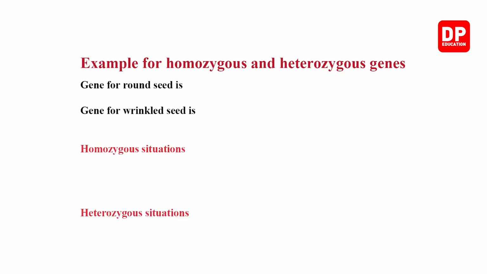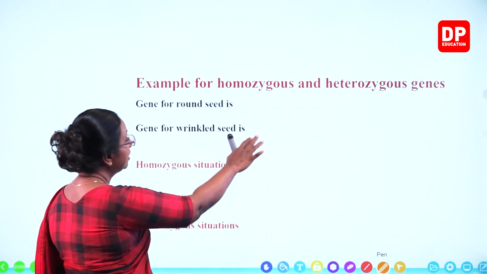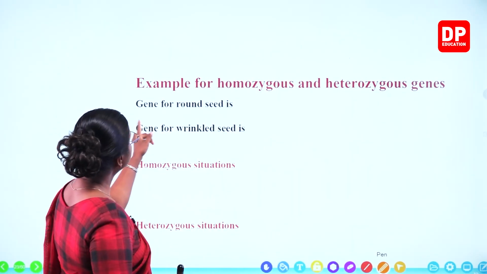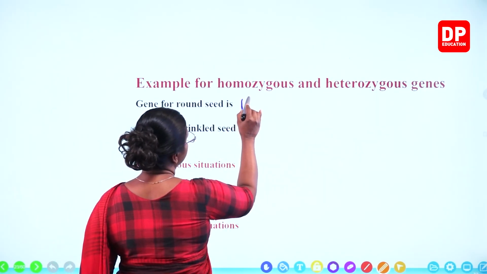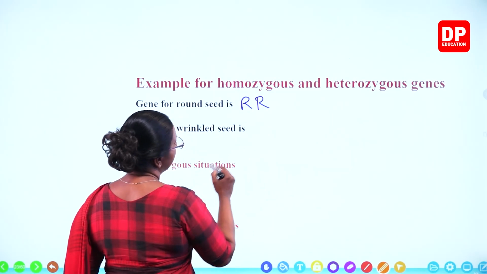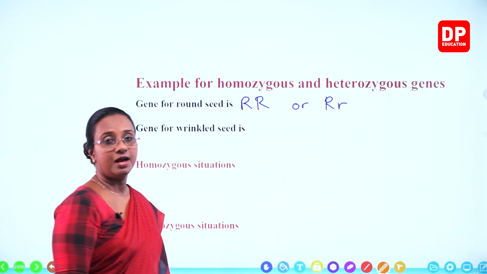So here, examples for homozygous and heterozygous genes. What we have already discussed, like I told you all, I'll be going through it again. So the gene for round seed can be capital R, capital R, or it can be capital R, small r.